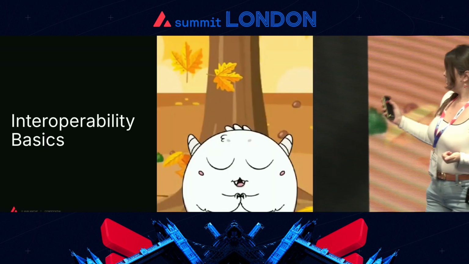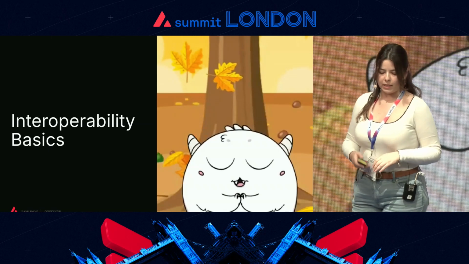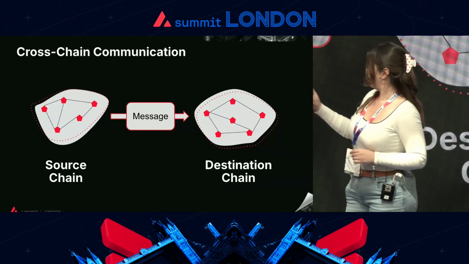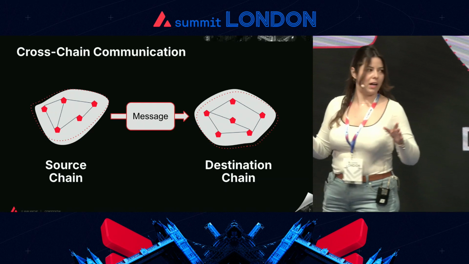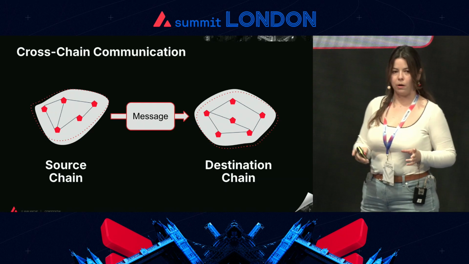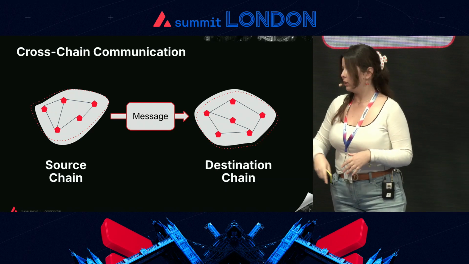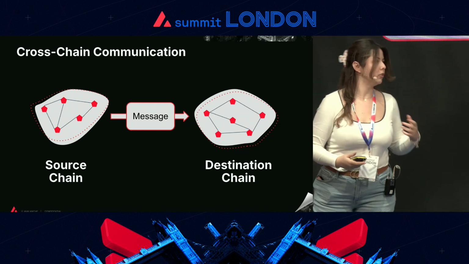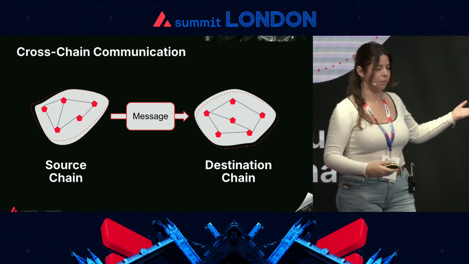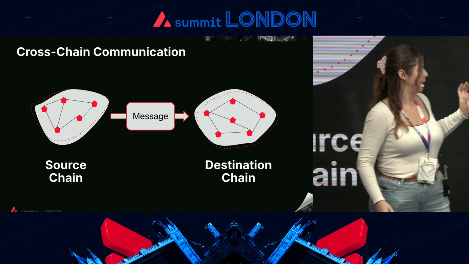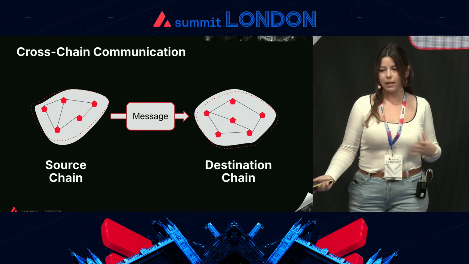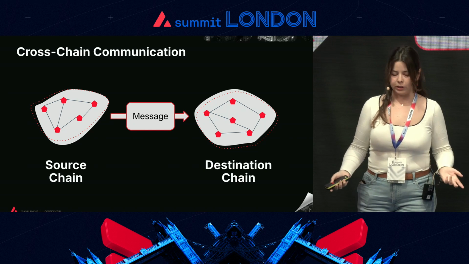So let's go into interoperability basics. And for that, I want to sync with the vibes of this amazing venue, and I want you to picture that you are in some medieval towns that want to communicate between each other. So we have the source chain and the destination chain, and they are communicating via messages.